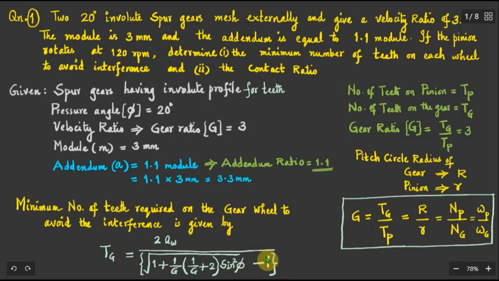Remember, this minus 1 is outside the radical, where G is the gear ratio, phi is the pressure angle, and AW is the addendum ratio.